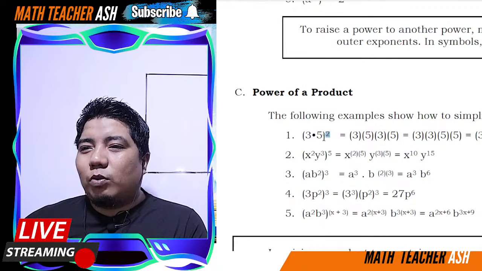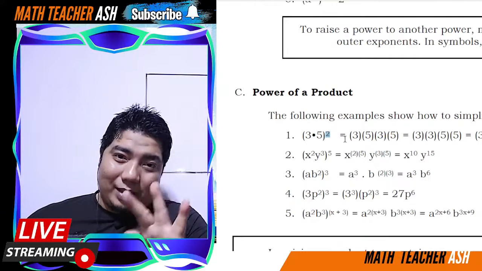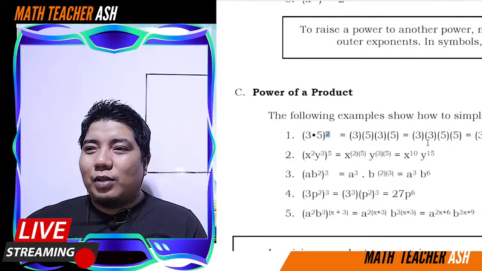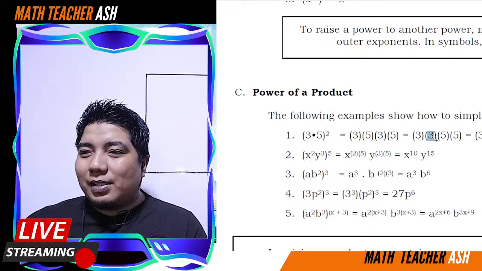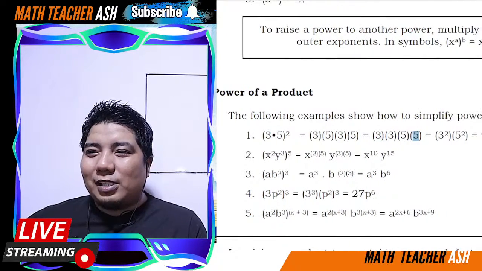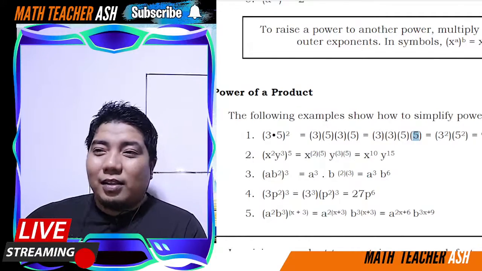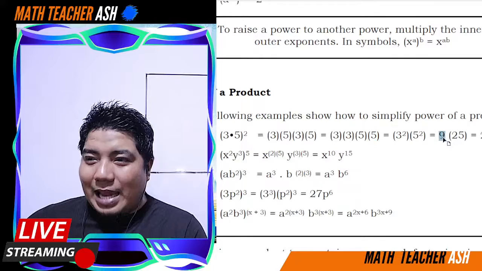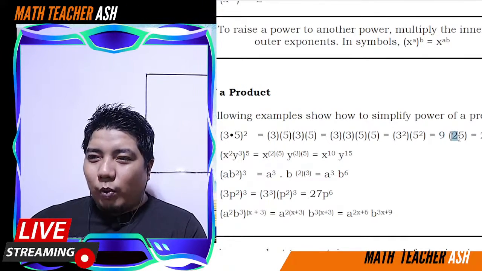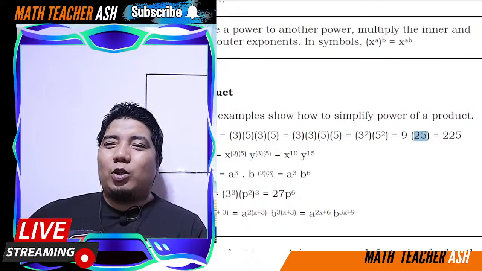So, you have 3 to the power of 2, 5 to the power of 2, giving you tatlong 3 at dalawang 5. So, that is 3 times 3, 5 times 5. Of course, 3 times 3, that is 3 squared. 5 times 5, that is 5 squared. 3 squared is 9. 5 squared is 25. Now, 9 times 25, the answer is 225.